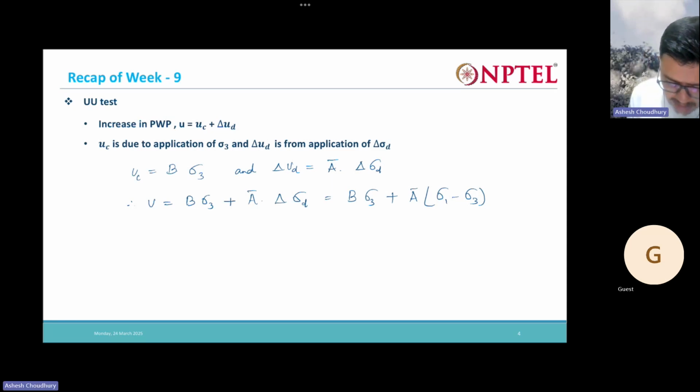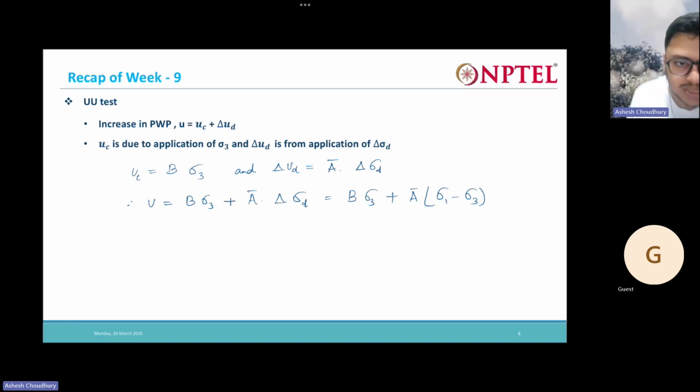Now, what is the increase in pore water pressure? The total increase in pore water pressure is U equal to Uc plus delta Ud. The Uc is due to the application of sigma 3. As we apply sigma 3, there will be some increase in pore water pressure. That is your Uc. And delta Ud is the increase in pore water pressure due to application of delta sigma d. So the total pore water pressure increase is Uc plus delta Ud. Now Uc is equal to B times sigma 3.